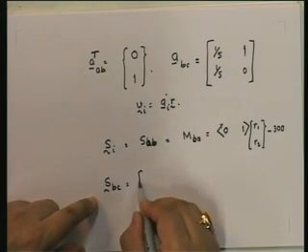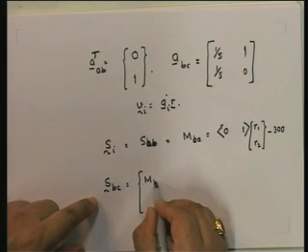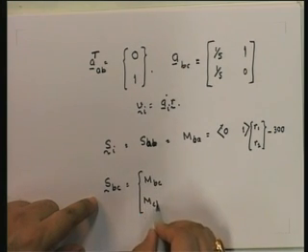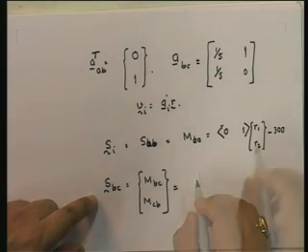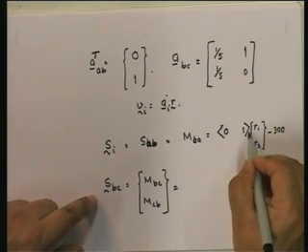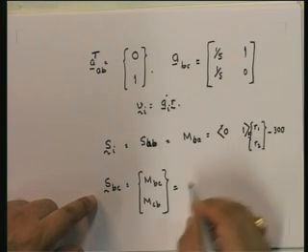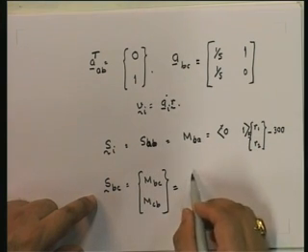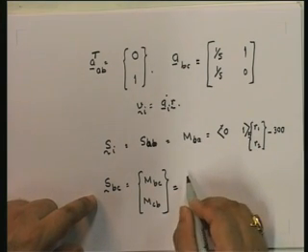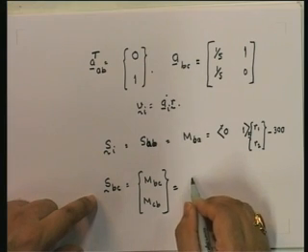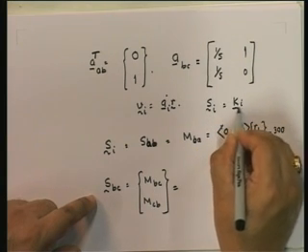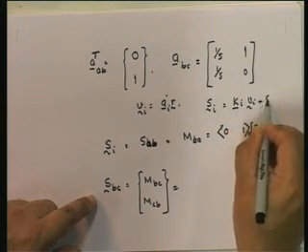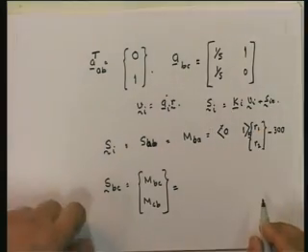And S_BC, which is equal to M_BC and M_CB, is equal to this into K_BB. Note that S_i is equal to K_i v_i plus S_i0.